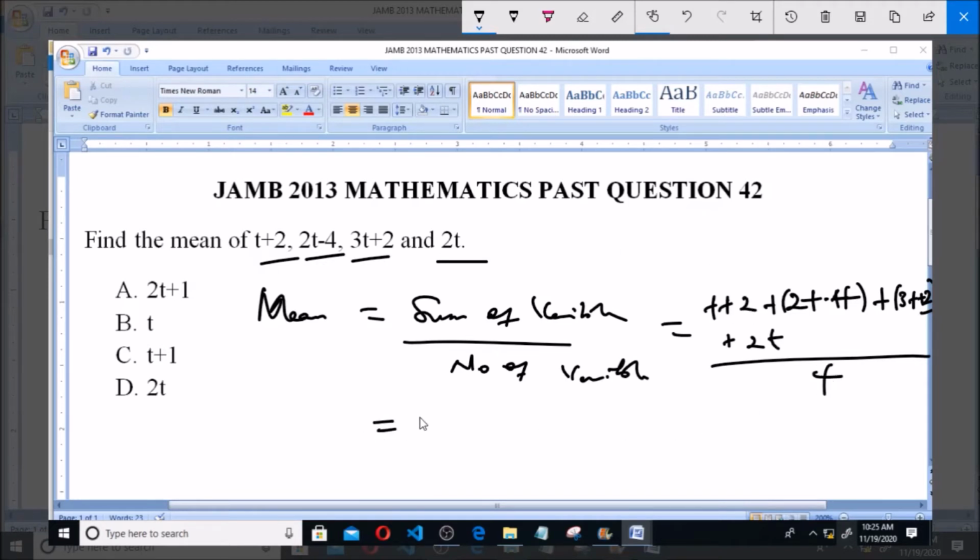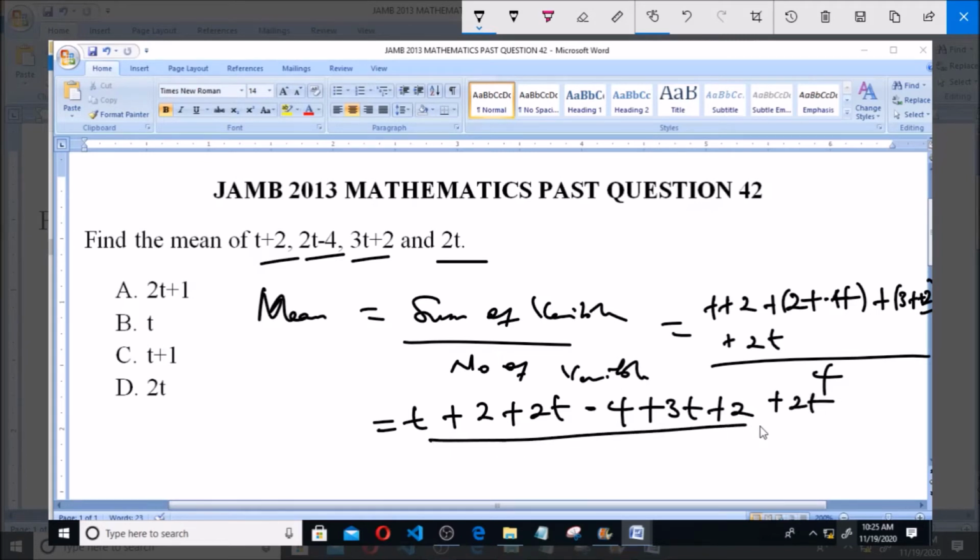So this is equal to t plus 2 plus 2t minus 4 plus 3t plus 2 plus 2t, everything over 4.